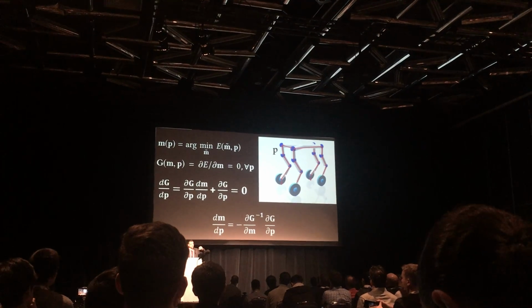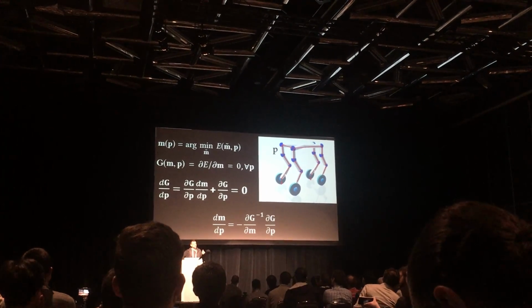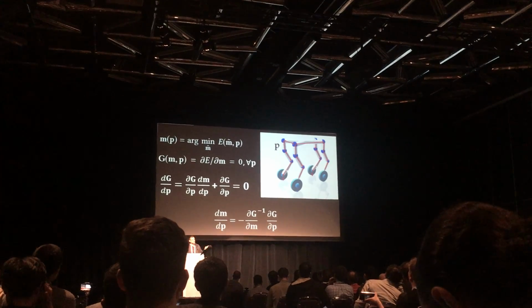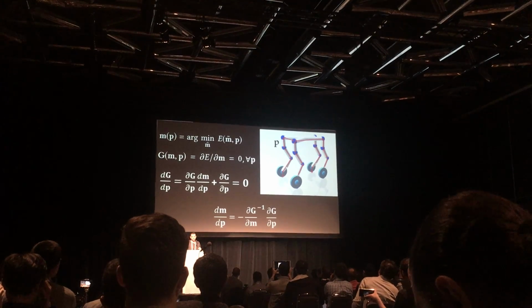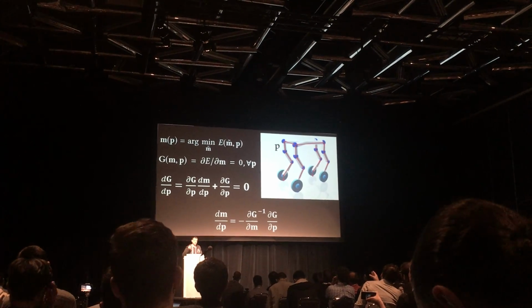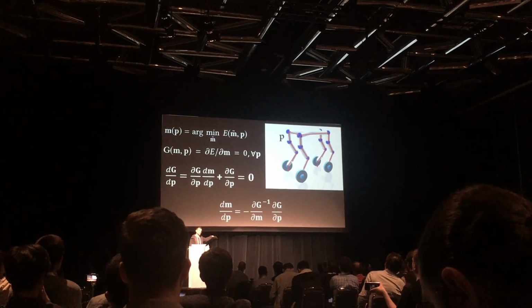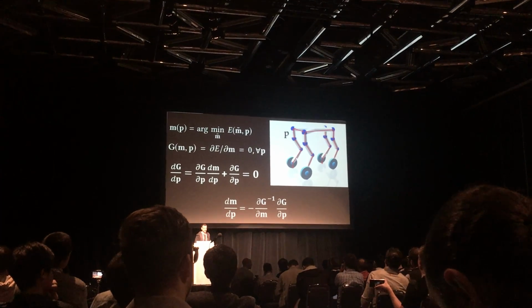This dM/dP, this Jacobian, tells us how the optimal trajectory, the optimal motion for a particular robot, changes with respect to the design parameters. So if you were to wiggle the design parameters a little bit, this would tell you to first order how you should change the motion such that it remains optimal.